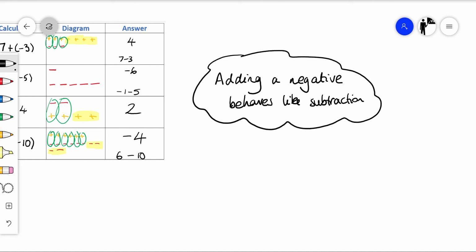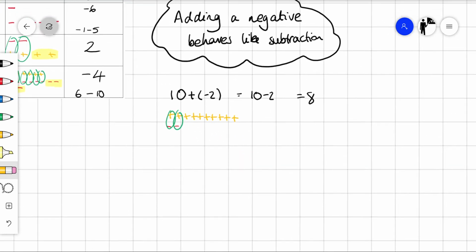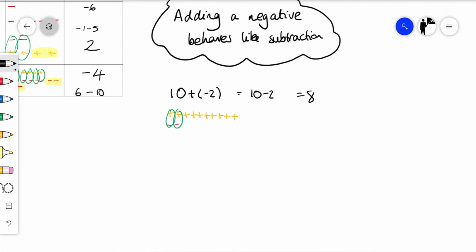For example, if I wanted to work out 10 plus minus 2, in my head I could just do 10 minus 2, which is 8, because if we were to do this diagram, 3, 4, 5, 6, 7, 8, 9, 10, and then if I've got minus 2, if I identify my zero pairs, I'm left with 1, 2, 3, 4, 5, 6, 7, 8. Oh, I did one extra there. So you see how the answer here is 8. Adding a negative is just like subtracting.